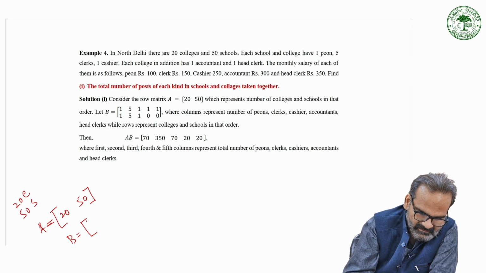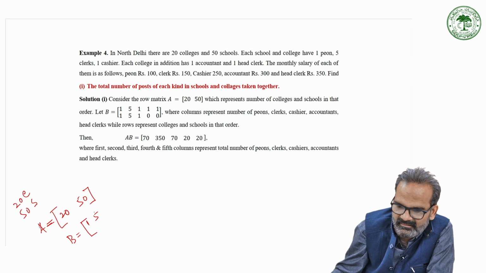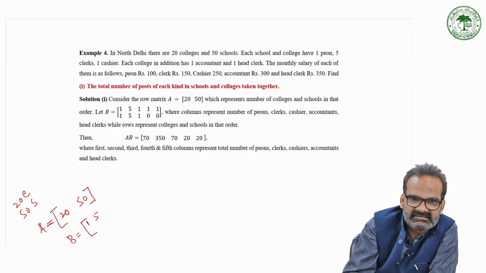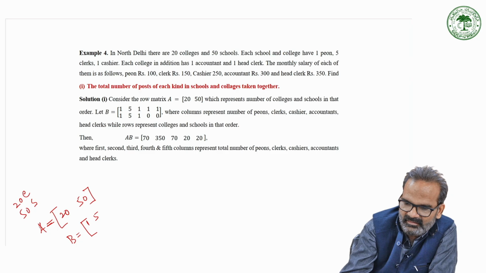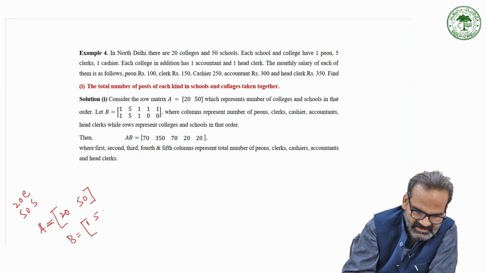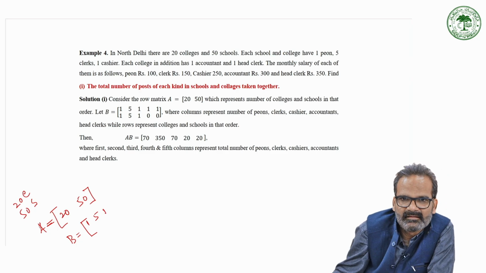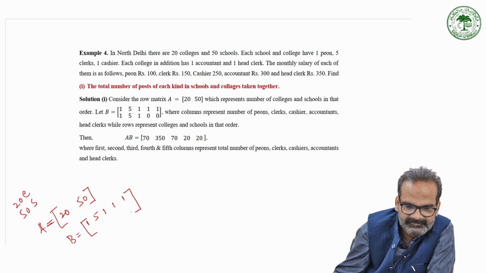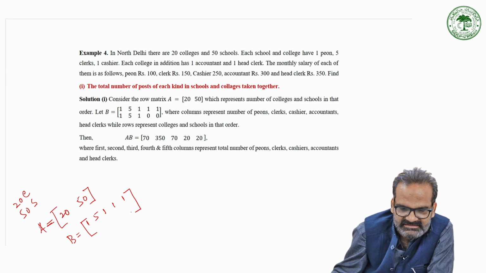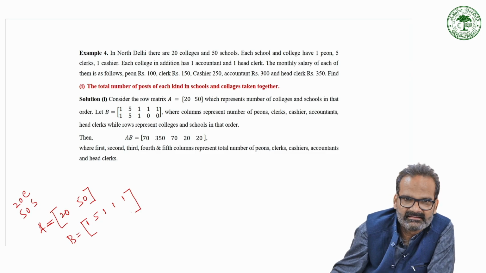So 1 peon, 5 clerks and 1 cashier, right? And then in addition 1 accountant and 1 head clerk. Each college in addition has 1 accountant and 1 head clerk, right?